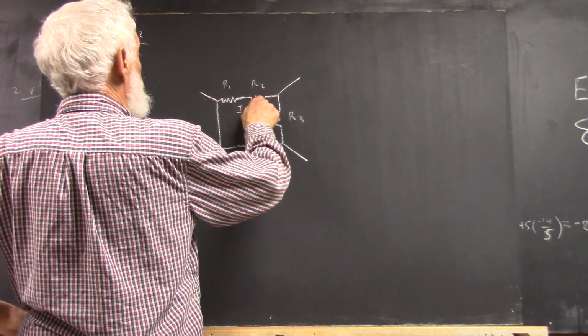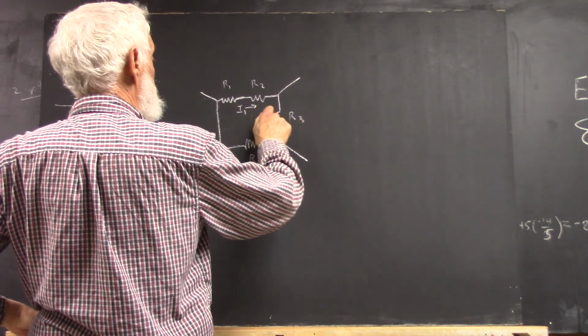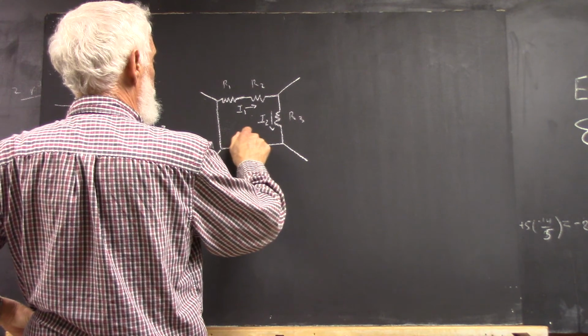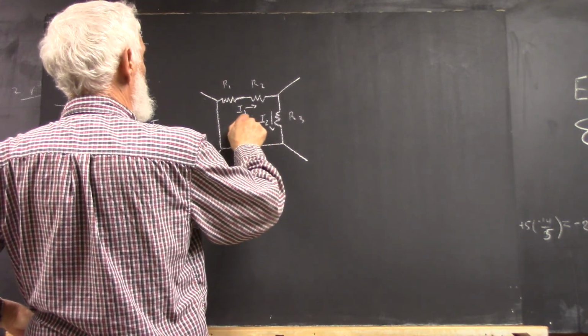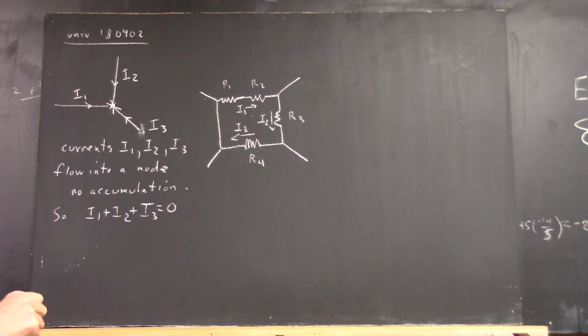So we have current I1 here, I2 here, and I3 here.